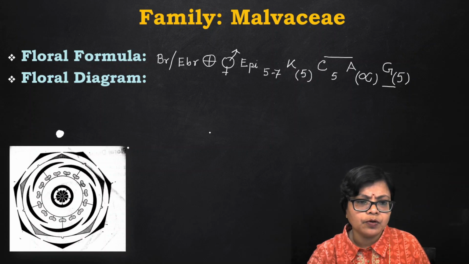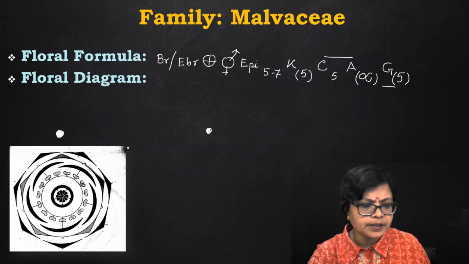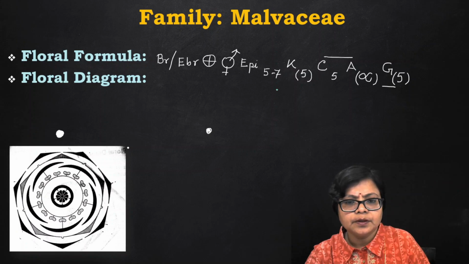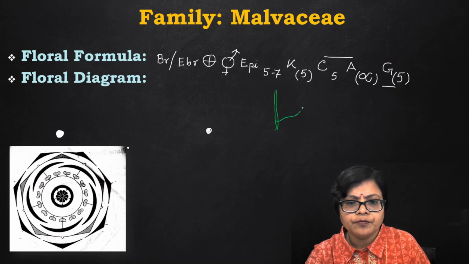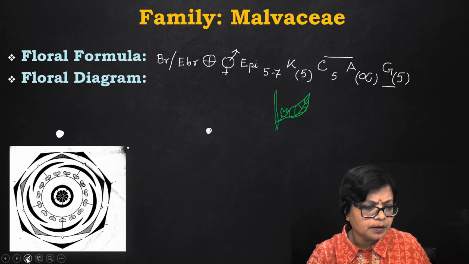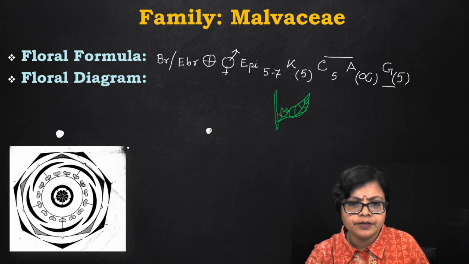In the floral diagram, we always have to draw the mother axis. What is the mother axis? If it is the stem, this is the nodal region from where the leaf or the branch develops, and in its axil the flower has been developed.